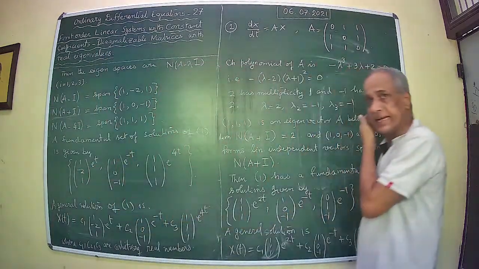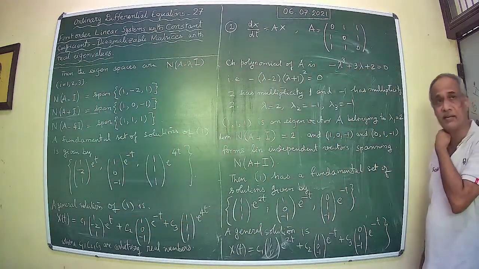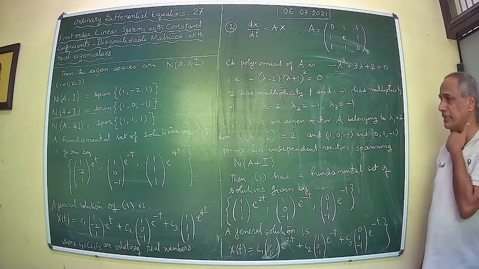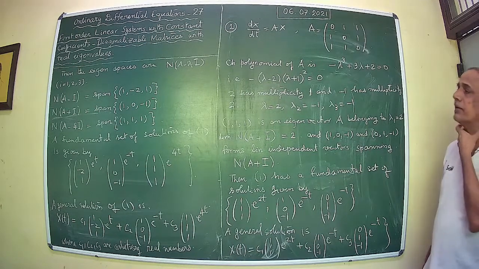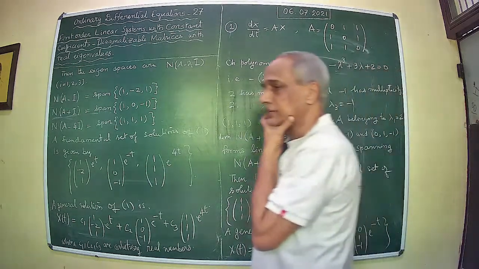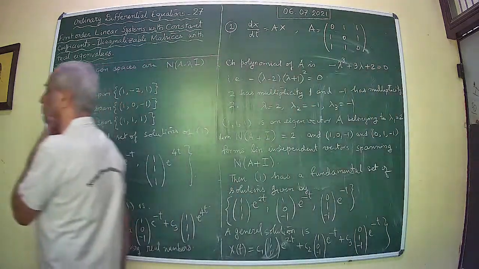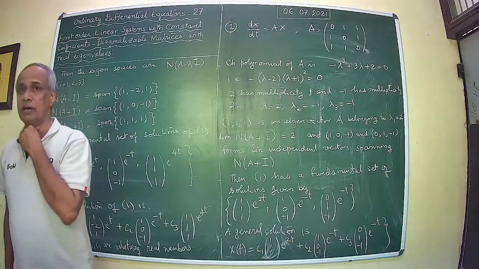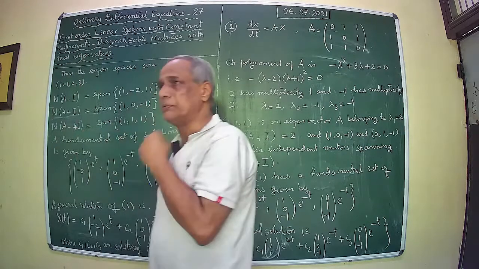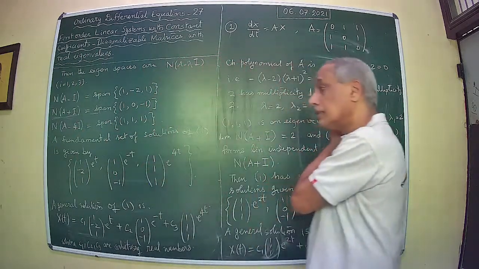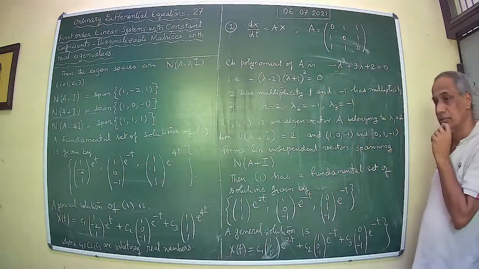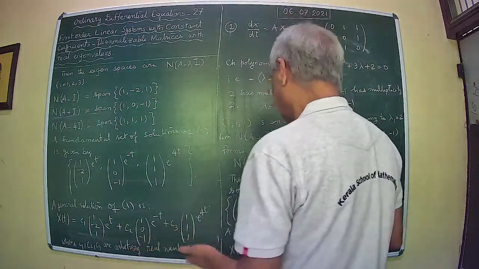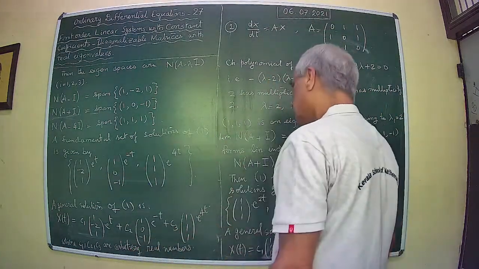In the general scenario, there are n distinct eigenvalues, and then there are n distinct eigenvectors that you can get, which are linearly independent and form a fundamental set of vectors for Rn. Correspondingly, you can immediately write down the solutions. So this gives an example.